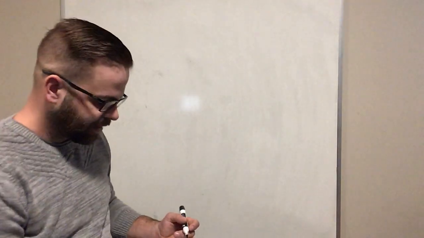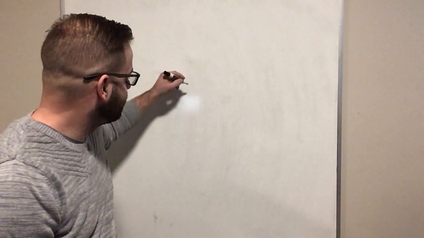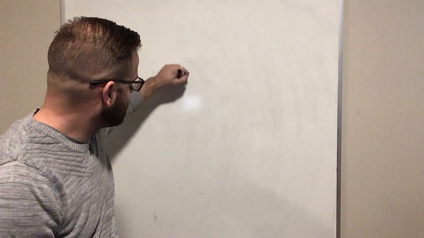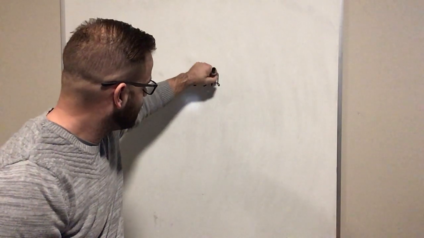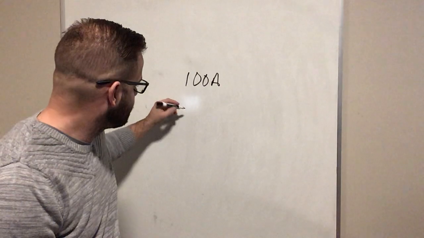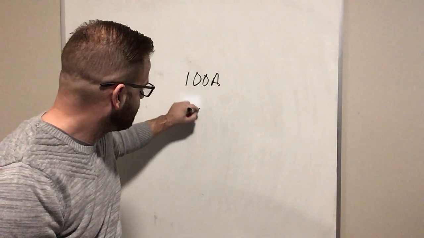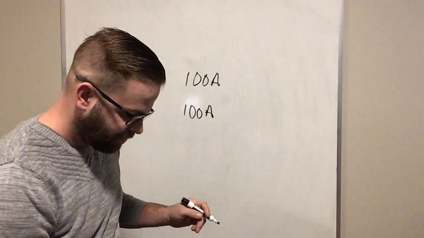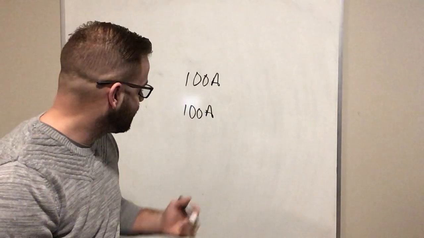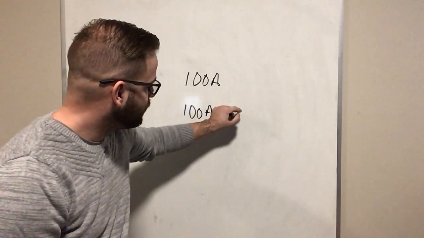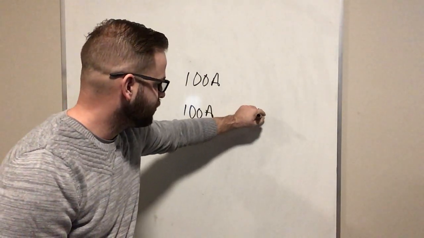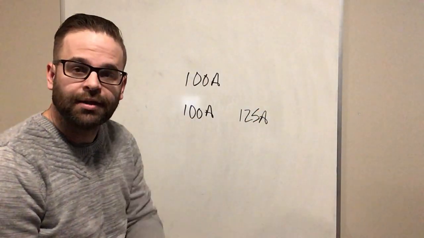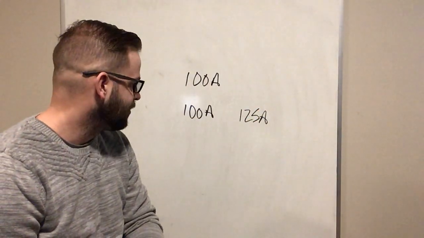So if I had a 100 amp service, my breaker is rated at 100 amps, but then the ampacity of my conductors is sized at 125 amps.